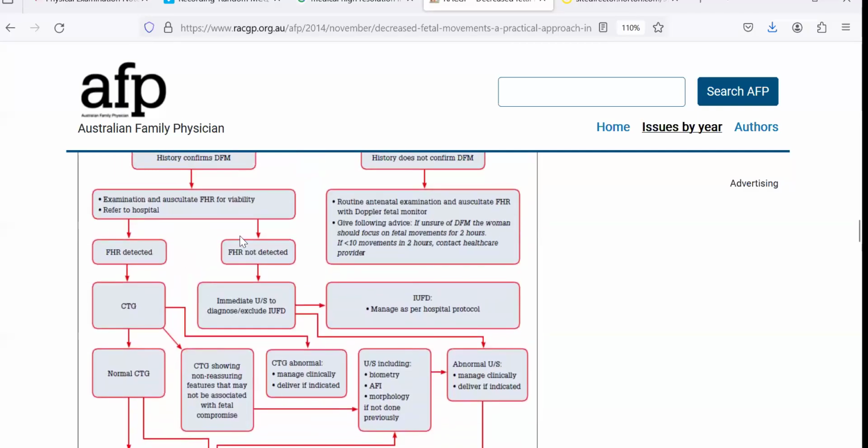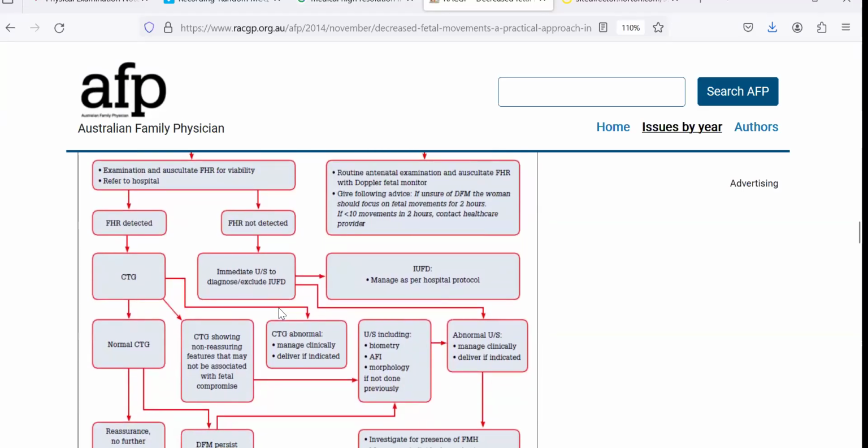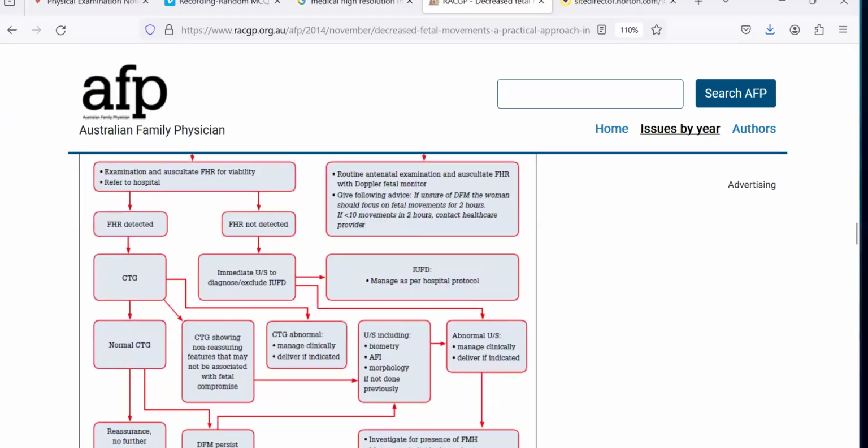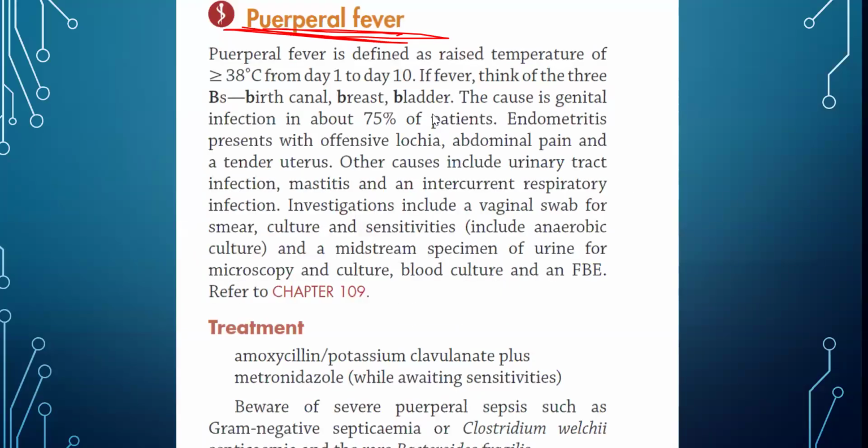If you can't get a fetal heart rate, there is a chance fetal death has happened, so you need to do an immediate ultrasound to confirm or exclude that. So basically, CTG, then obstetric ultrasound. Let's say a step-by-step investigation, right?